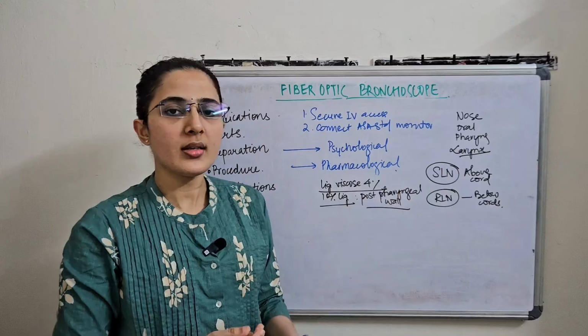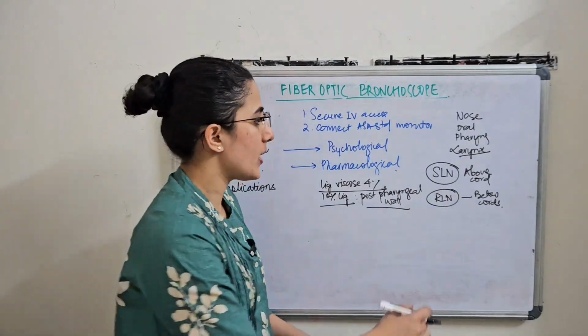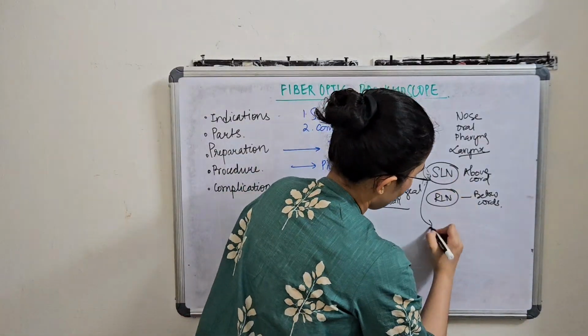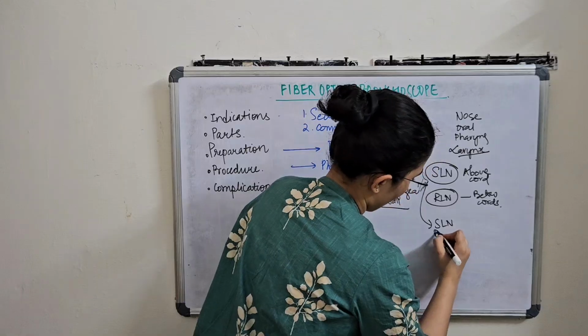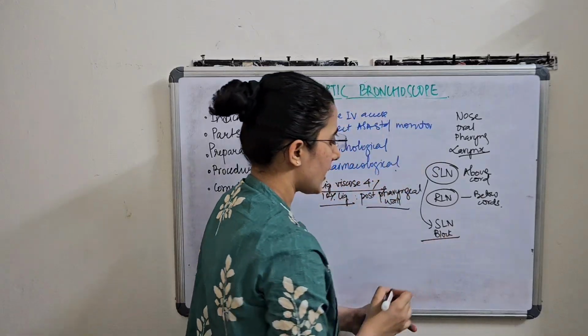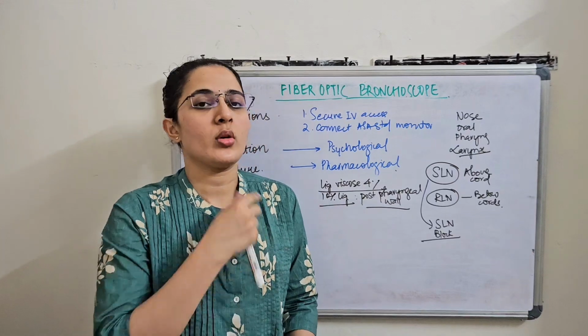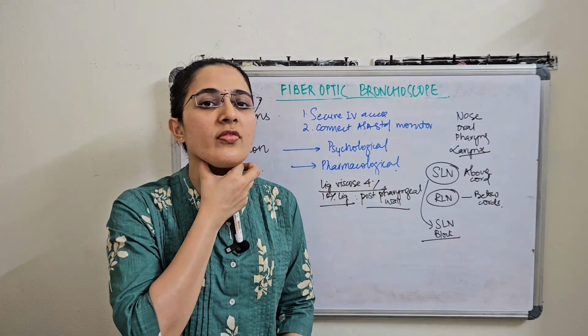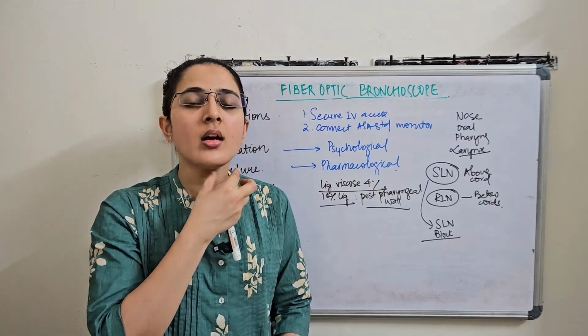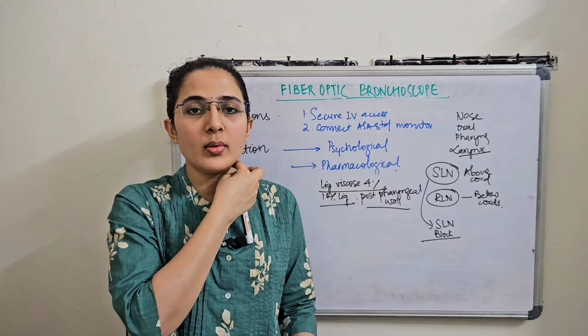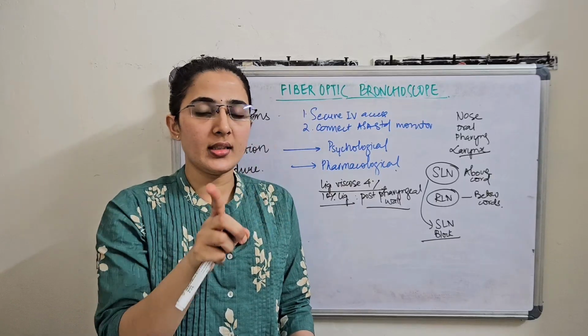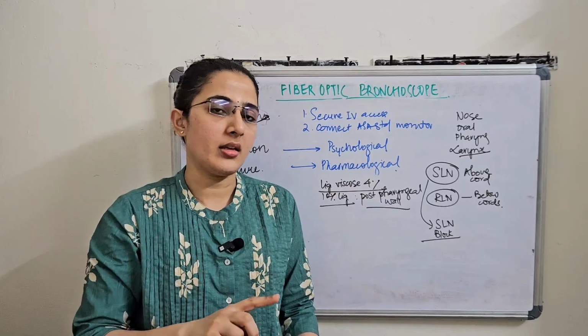So above the cords, how do we anesthetize? By using a superior laryngeal nerve block. How do we give that block? We have to palpate the hyoid bone. The greater cornua of the hyoid is palpated. Half a centimeter lateral to it, we can inject the local anesthetic in a fan shaped manner.